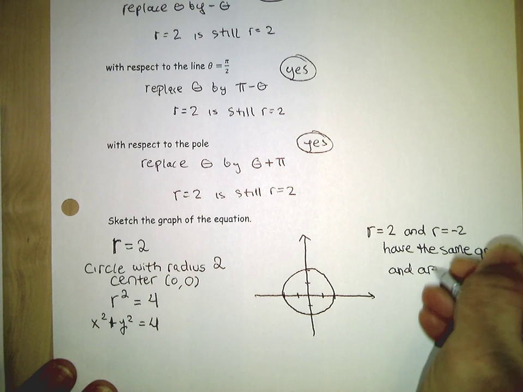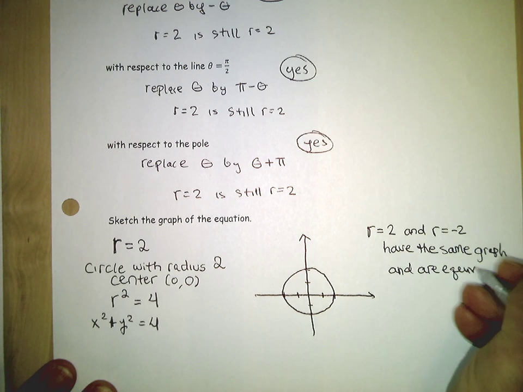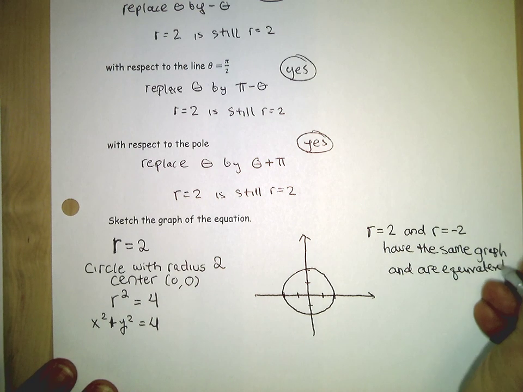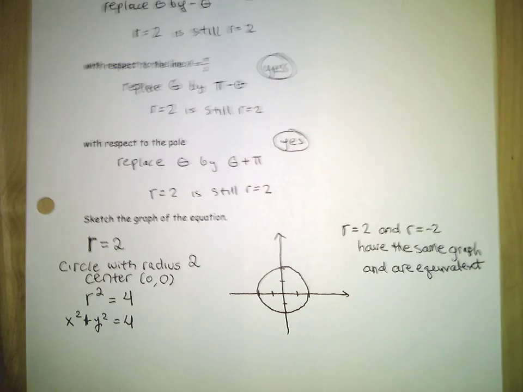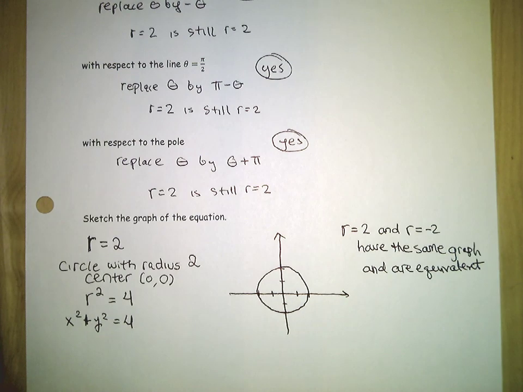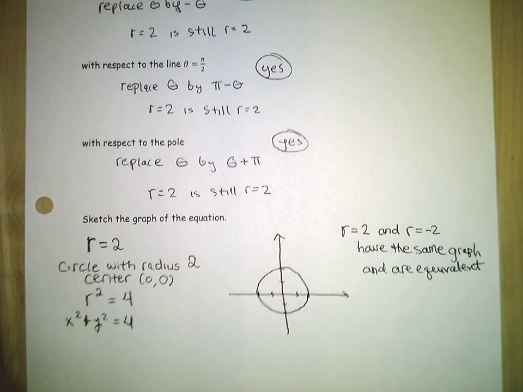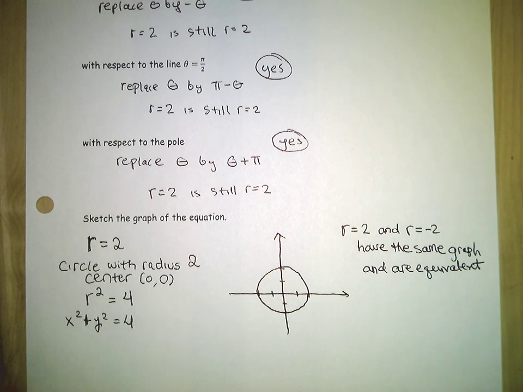So just remember that in case you tried a different method, or you tried the problem on your own and got r equals -2 and you thought that it wasn't equivalent. It actually is equivalent, because we can look at the graph to check that in this case.